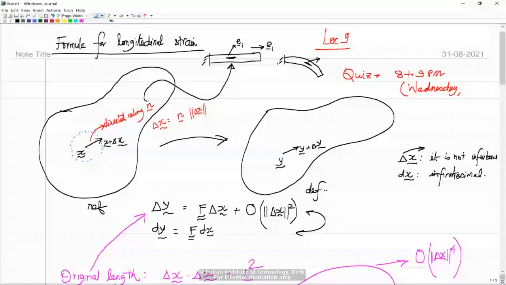Now looking at the strain gauge, will the formula that we have derived match what the strain gauge gives us? Anyone? Can you comment on it? So Rahman says yes. Anybody differing, that they will not give the same formula?